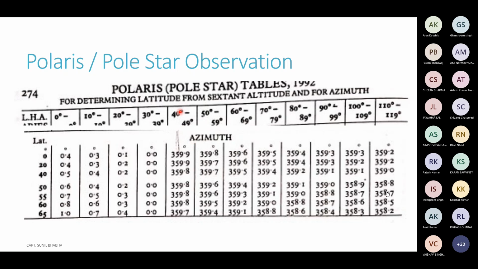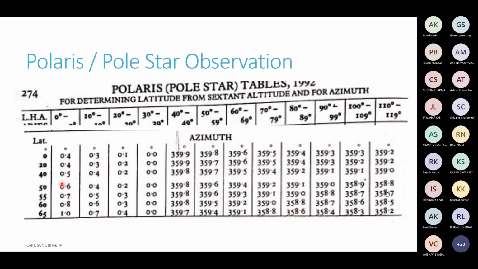So how do we read it? You keep on following the same column which you entered basis the LHA of Aries. And once you come to this part of the table, you see this is also entered with DR latitude. You have the DR latitude mentioned on the left hand side in the vertical axis. And whichever value is closest to your DR latitude, you enter with that value and find out the azimuth of the pole star.